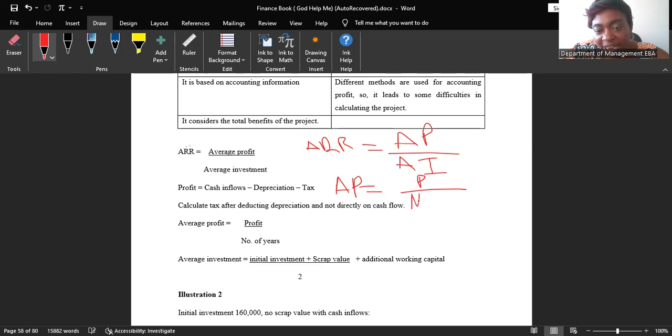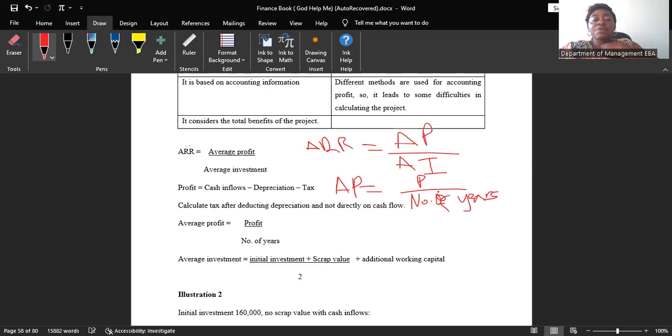So if we take 5 years for the project, then you look at it and find the average. So that's average profit.